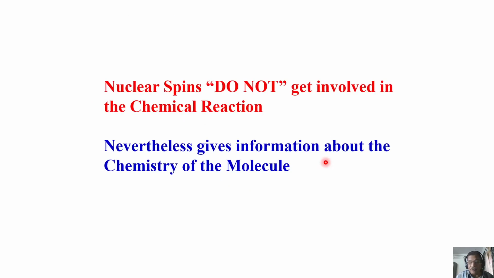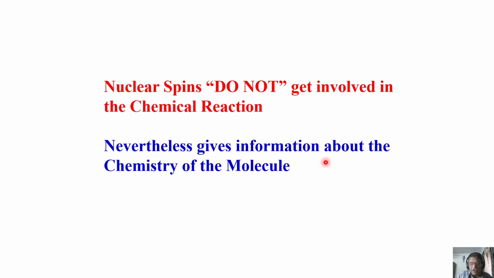So what are you understanding? Nuclear spins do not get involved in the chemical reaction. We all know when you are doing a chemical reaction, we always talk about electrons, how the electron is moving, how the reaction is taking place. Nevertheless, nuclear spins give information about the chemistry of the molecule.